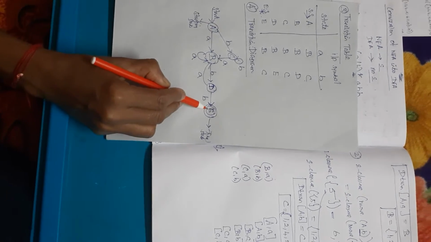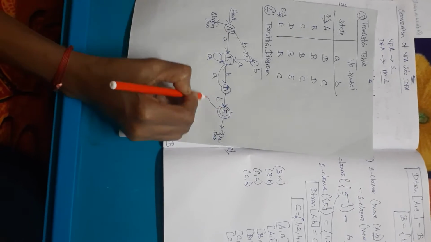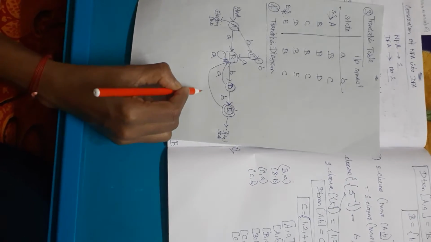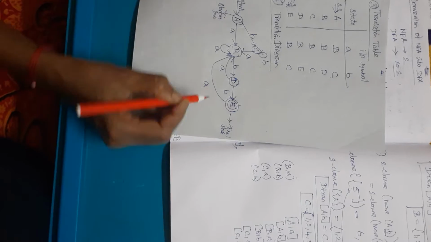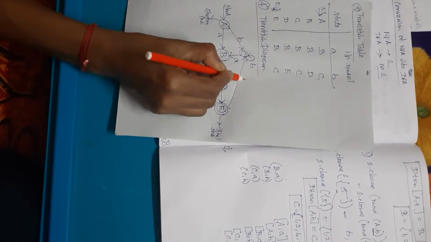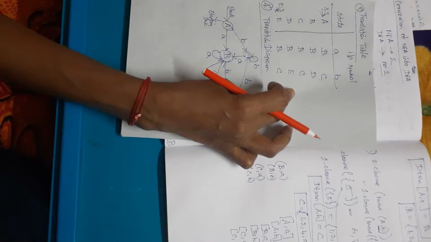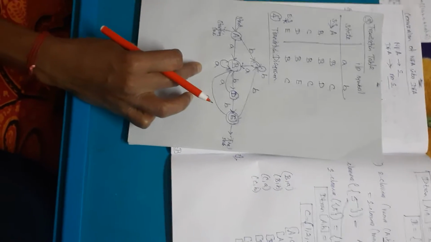So what is E? E can move: E comma a is B. So E comma a is A. E comma b is capital C. So based on the transition table, you can draw the transition diagram.